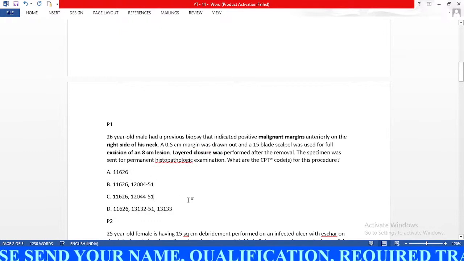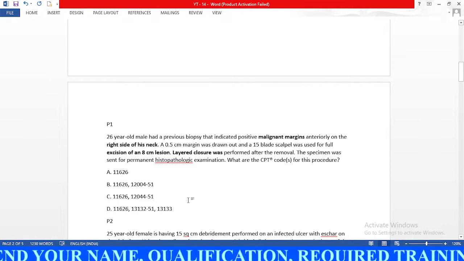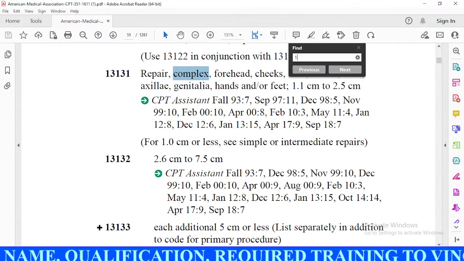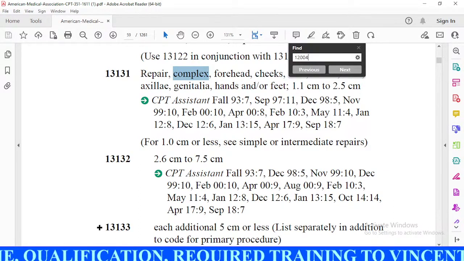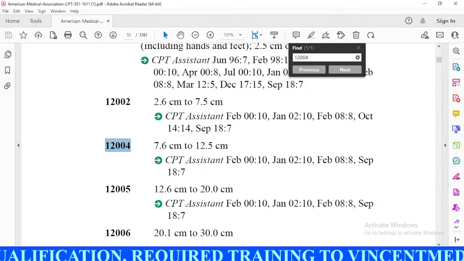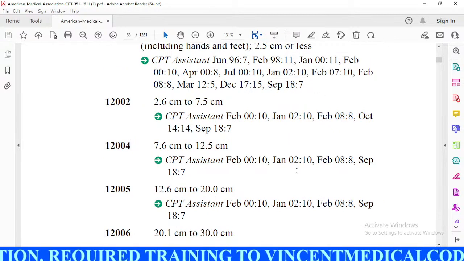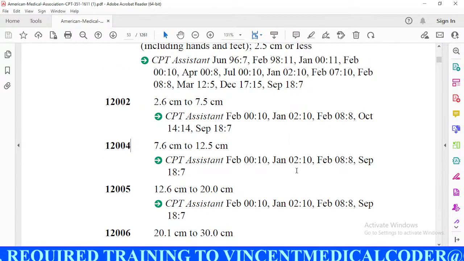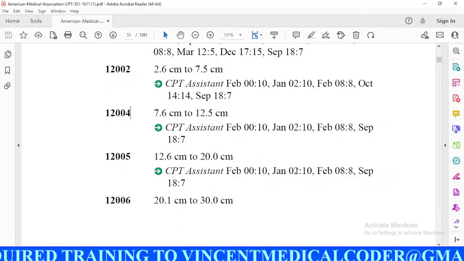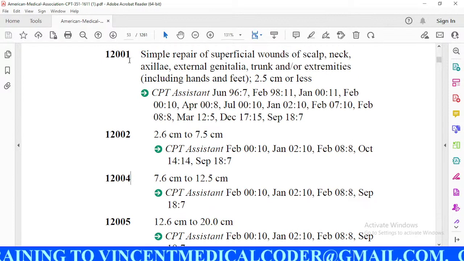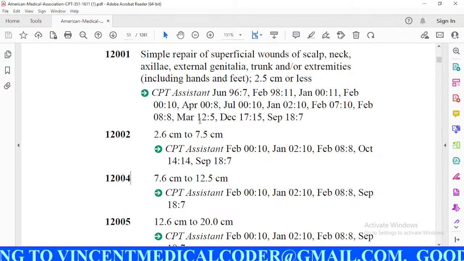So we need to check 12004 and 12044. 12004 is for simple repair.